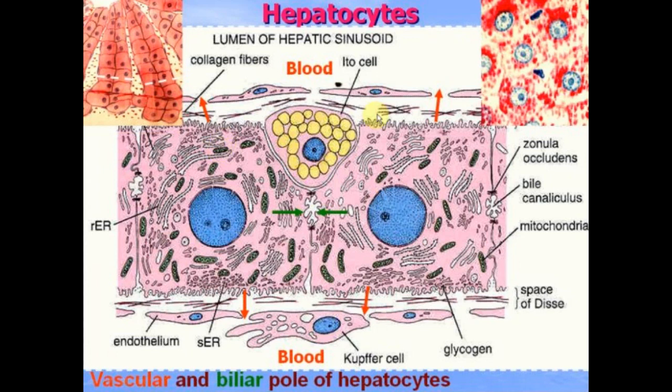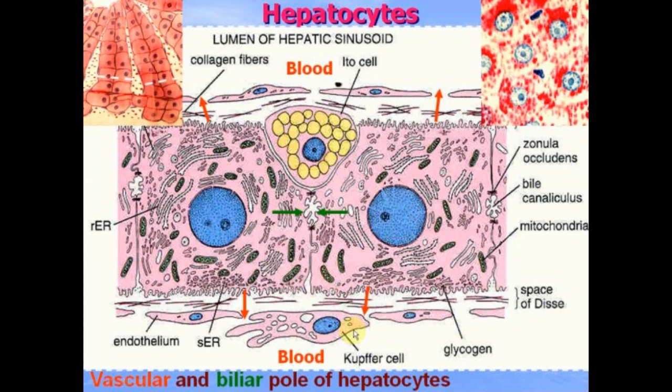To facilitate this exchange of substances, in these poles hepatocytes have microvilli. These poles connected with sinusoid blood capillaries are called the vascular poles.